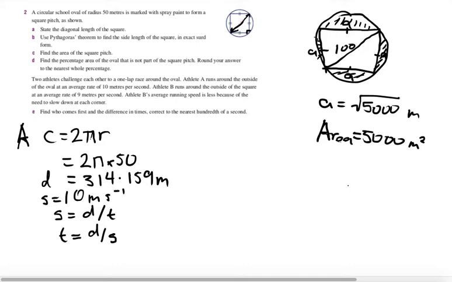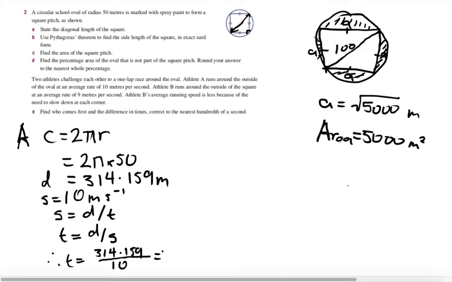That's just an algebraic rearrangement. So therefore, time equals 314.159 divided by the speed of 10. Put that in a calculator. You shouldn't really need to, but may as well.